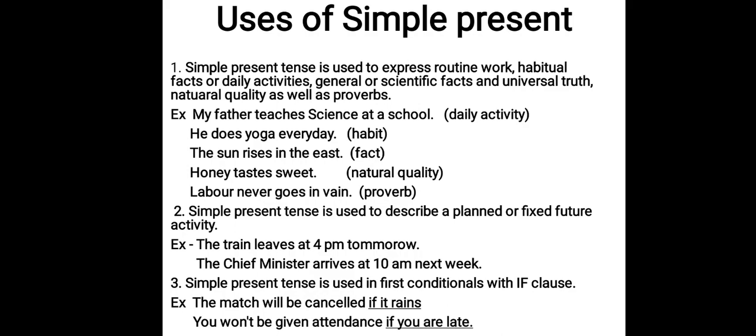This is the nature of the honey. So whenever you describe the nature of any object or a person, that will be in simple present. He is an honest man. That is the nature. Again, is in simple present tense.